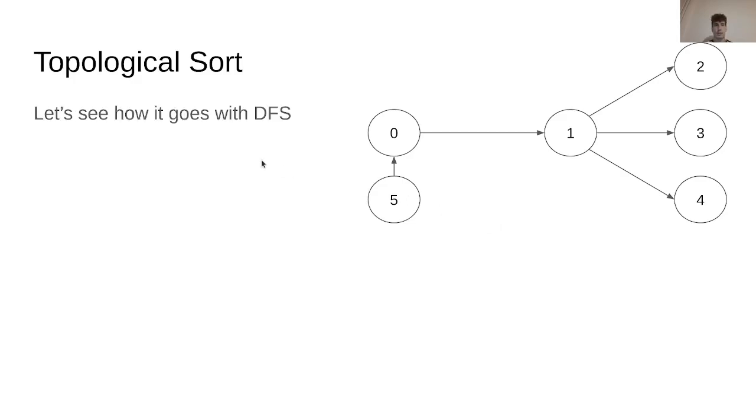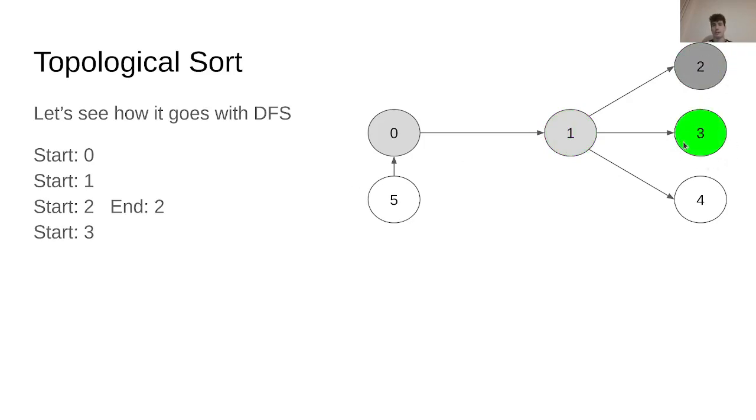Alright, so let's see if the depth first search is good for topological sort. Let's just try to do a depth first search. So we start from node 0, then we go to node 1, then we go to node 2, then we finish with node 2, start with node 3 and end, start with node 4 and finish, because it doesn't have any more neighbors.